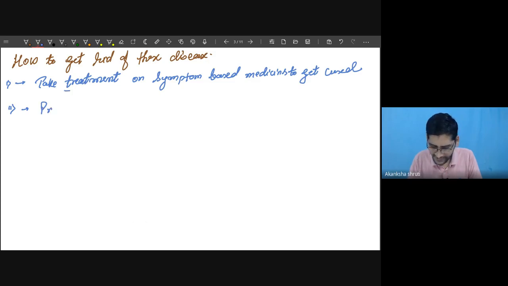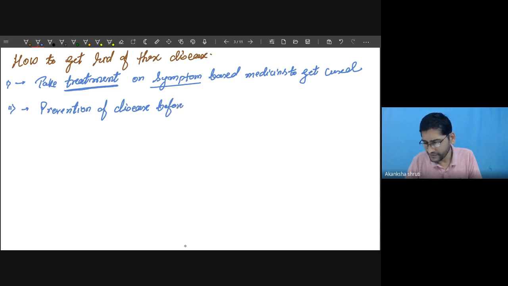The first step, treatment, occurs after the symptom, means once the disease has occurred. There are certain ways by which we can prevent it. So prevention of disease before its attack, before it occurs.